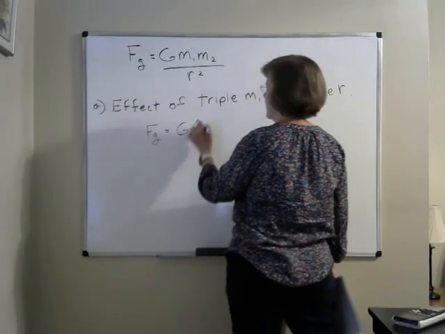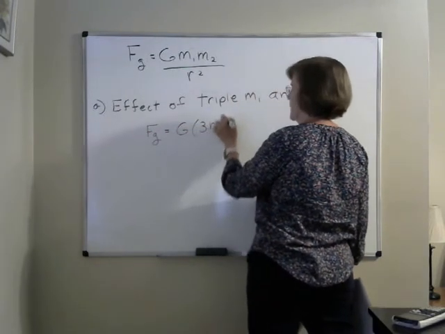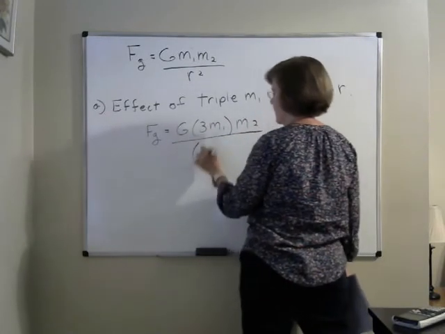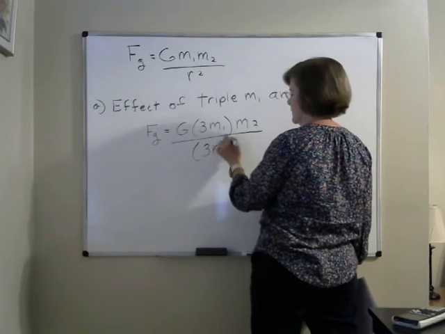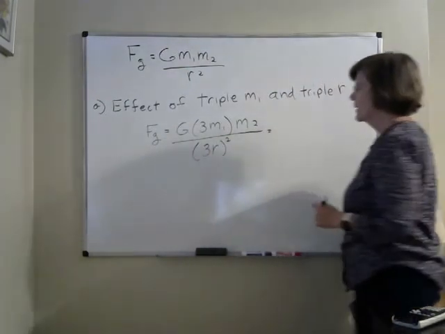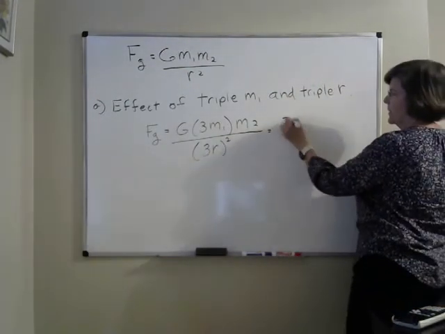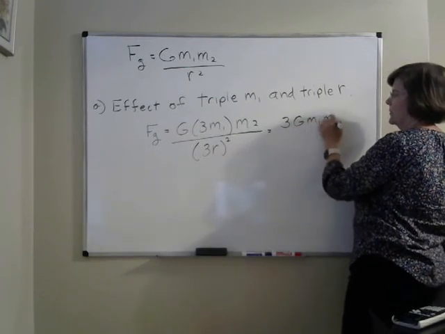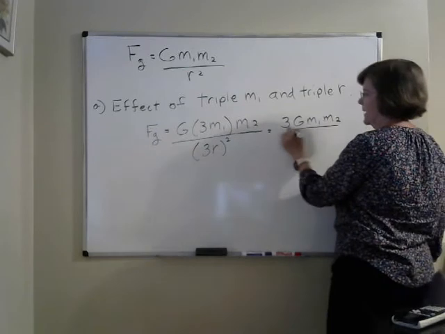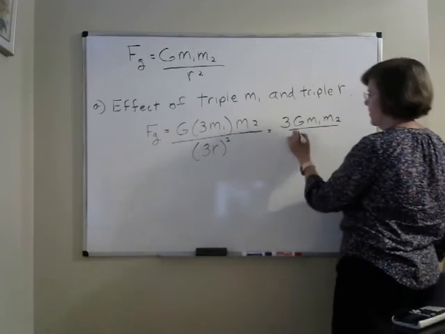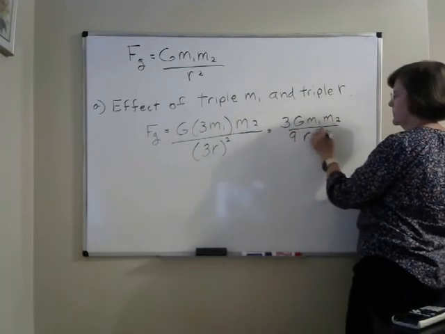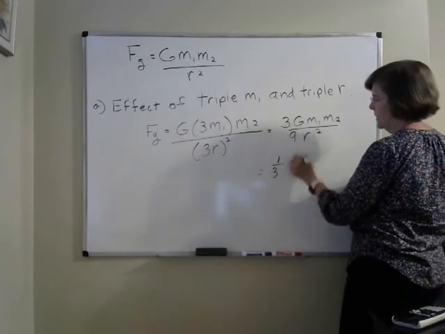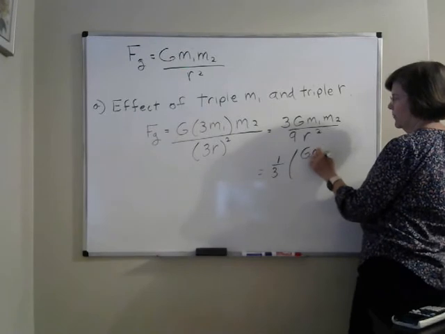If I triple M1, leave M2 alone, and triple r, the numerator looks like 3 times G, M1, M2, and the denominator looks like 9r squared. Notice that's going to be 1/3 the original force.